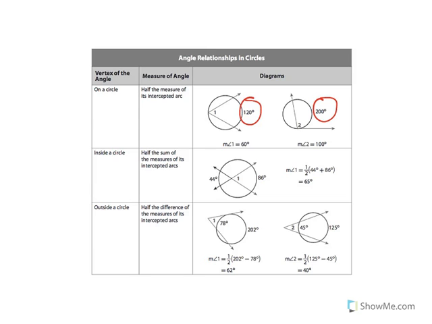If it's inside the circle, angle 1 is 1/2 of 86 plus 44. If it's outside the circle, it's different. An easy way to think about it: inside the circle we use the sum, and outside the circle we use the difference.